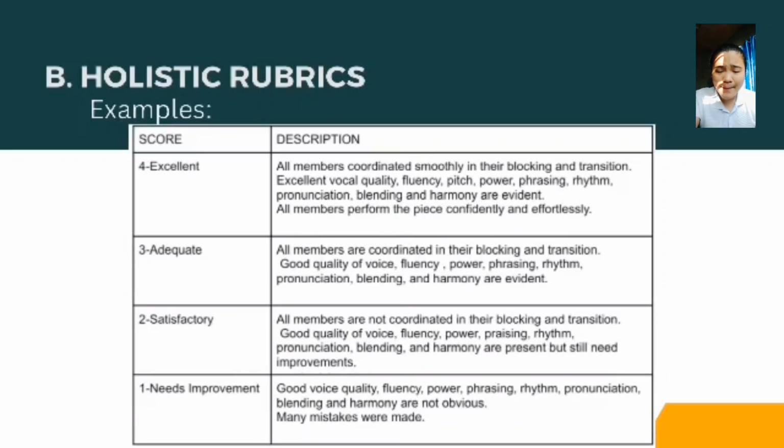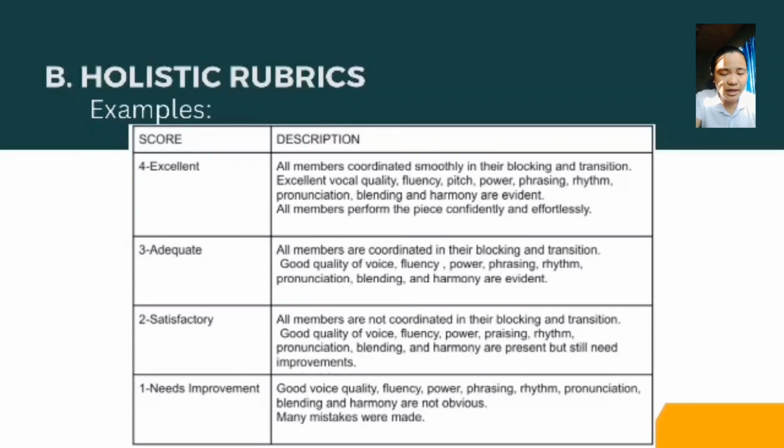The next step is writing the score, points, or percent. We use here a score, where excellent is 4, adequate is 3, satisfactory is 2, and 1 is needs improvement. And then the next step is to define the description.